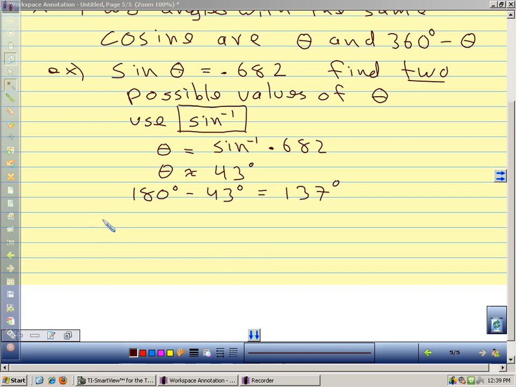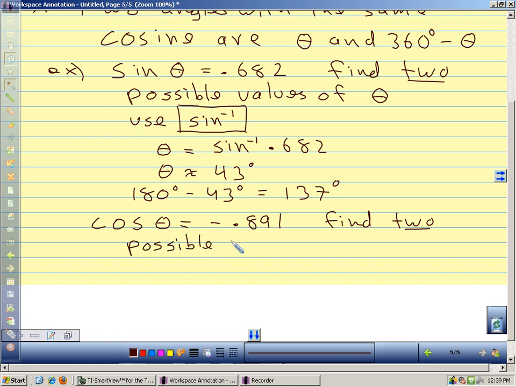So let's look at a cosine example. We have the cosine of theta is negative 0.891. Find two possible values for theta. So this time we have the cosine ratio, and we want the angle.